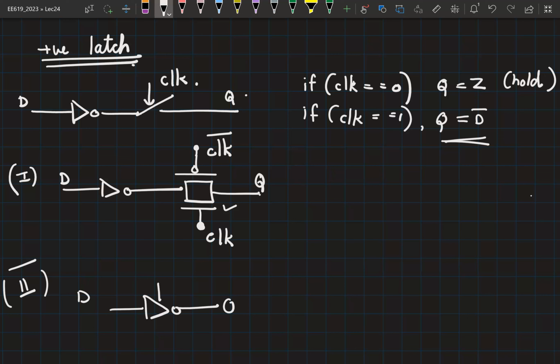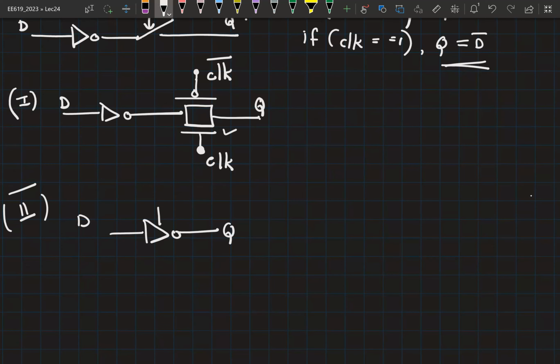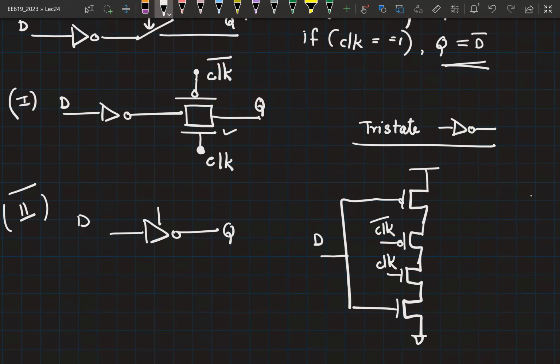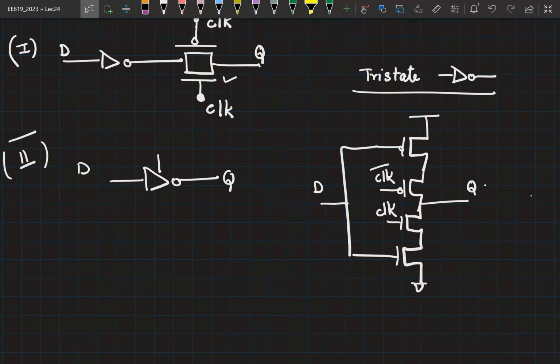So let me remind you what a tri-state inverter is. So this is a tri-state inverter.